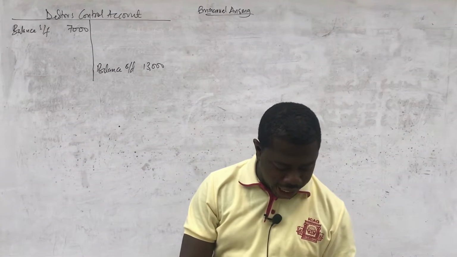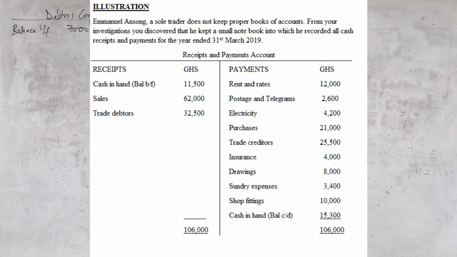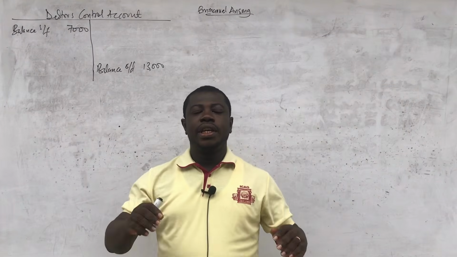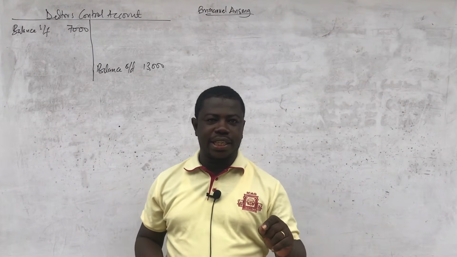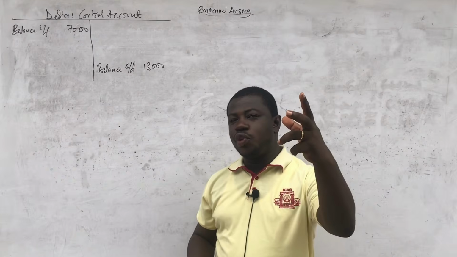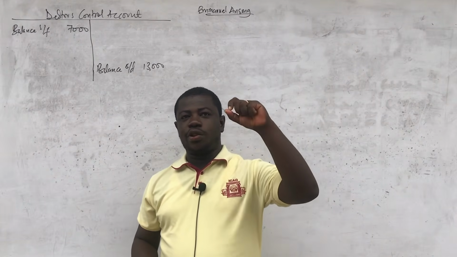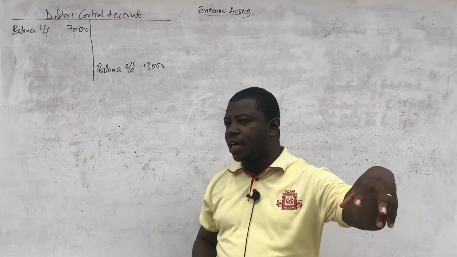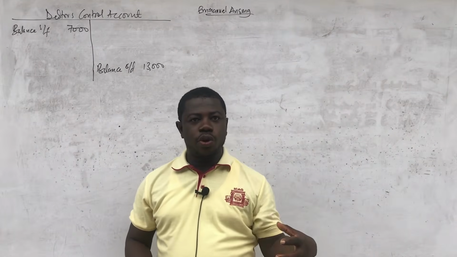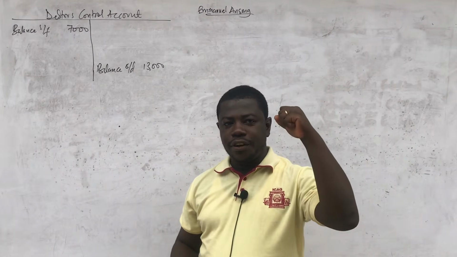So going through the cash book, we saw trade debtors on the debit side to be 32,500. Now, the trade debtors on the debit side as 32,500 is the cash received from debtors. Take note, it is on the debit side of the receipt and payment account, which is the cash book. So it is cash received from debtors.